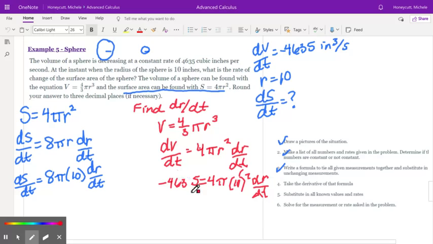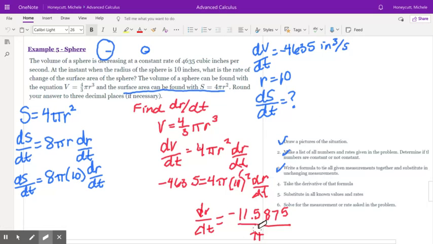All right, so when you solve this equation for dr/dt, you get negative 11.5875 divided by pi.